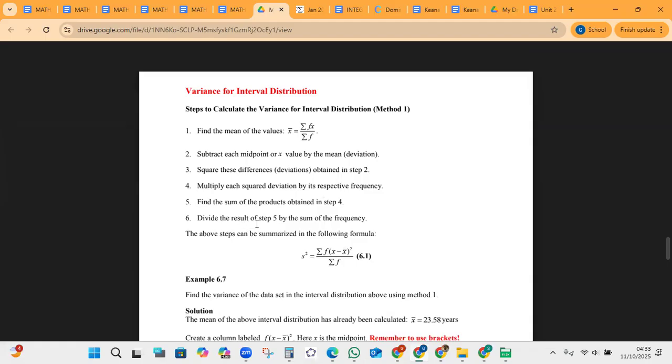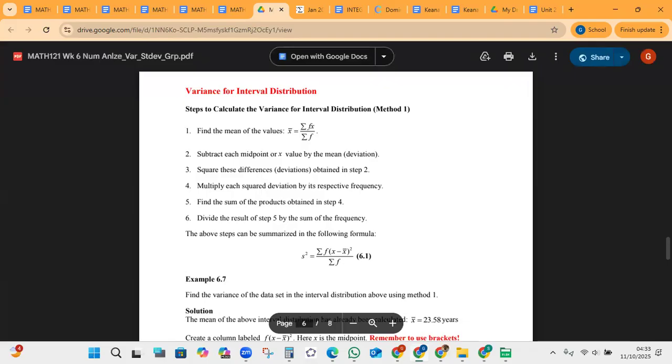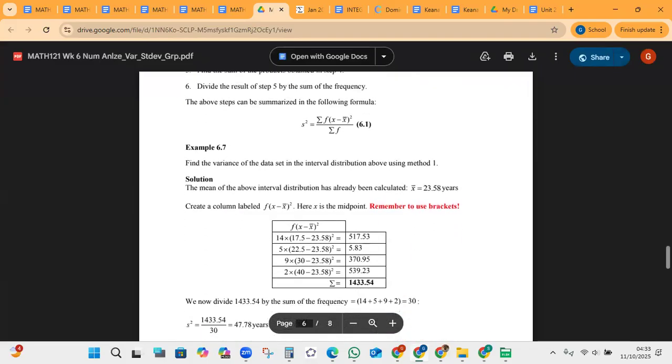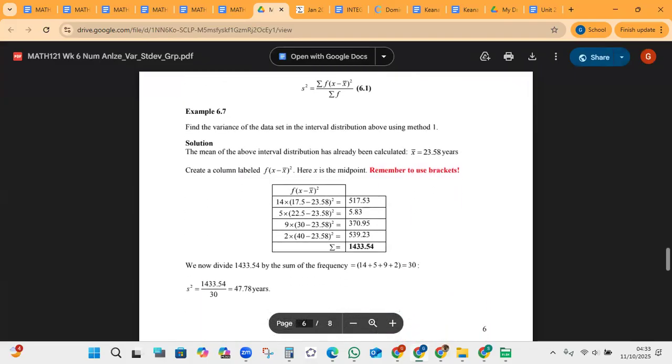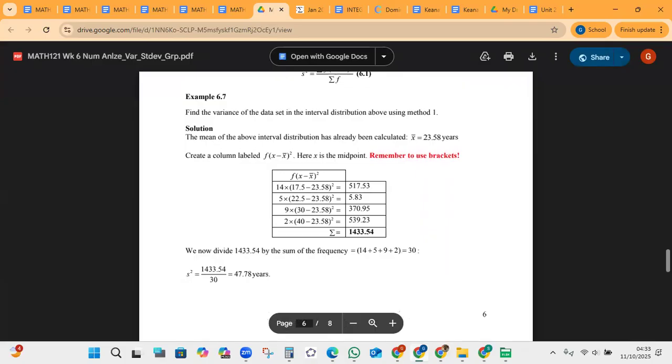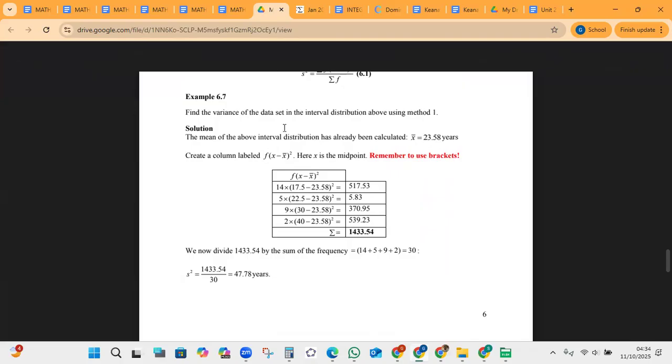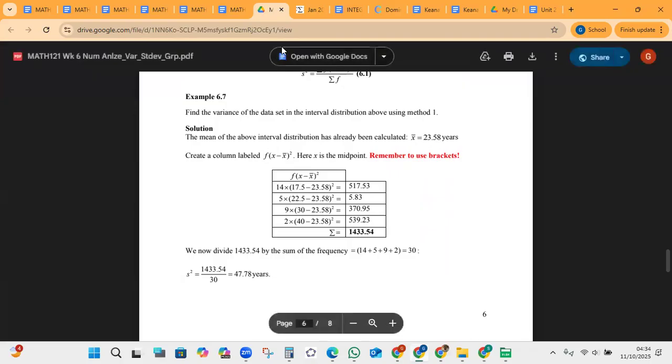Then you divide by the sum of the frequencies. The above steps can be summarized in the following formula. And to find the sample standard deviation, you take the square root of the variance. Here we have an example, 6.7, demonstrating how this is done. So we are going to apply this now to our scenario.